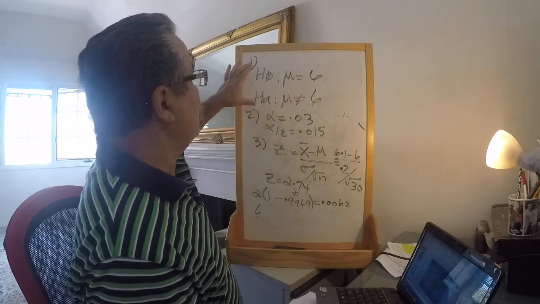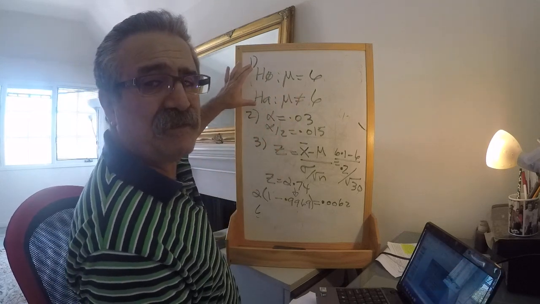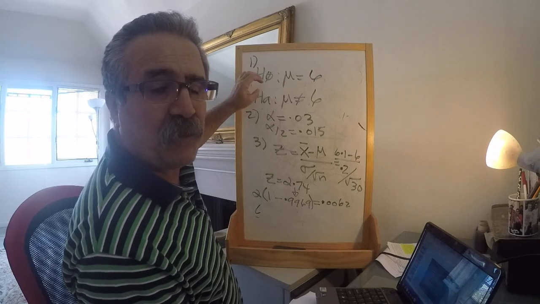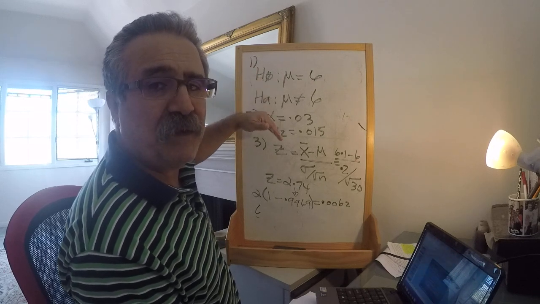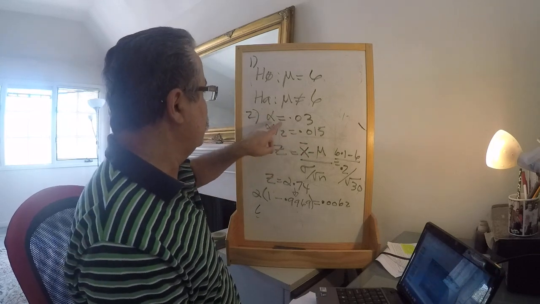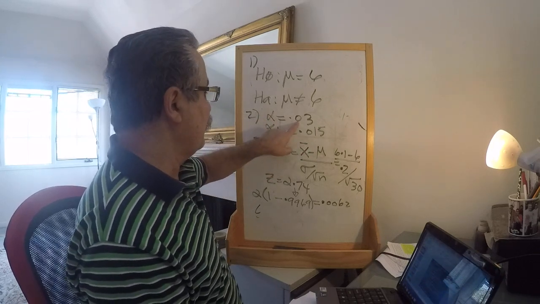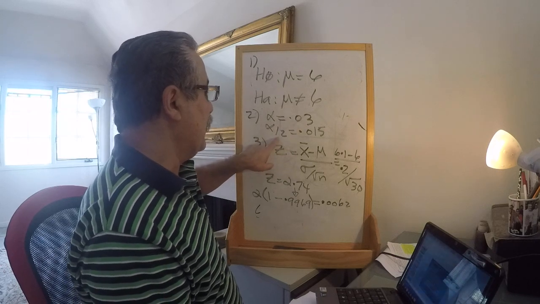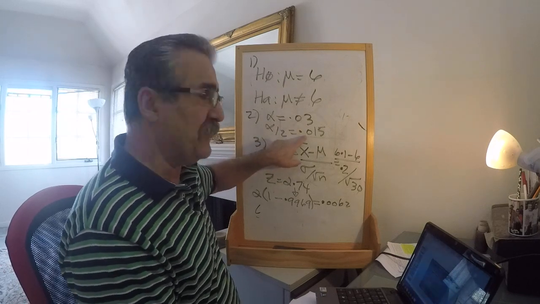We first develop the hypotheses. That's step number 1. The second step is specify the level of significance, which is 0.03. Half of the alpha would be 0.015.